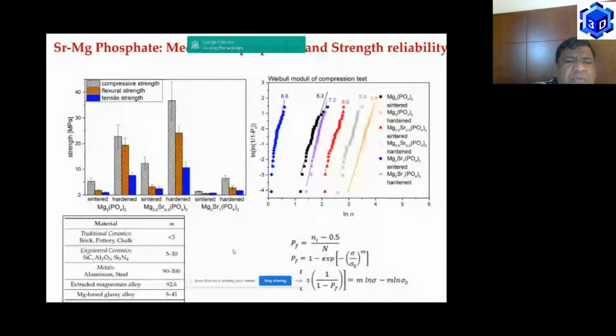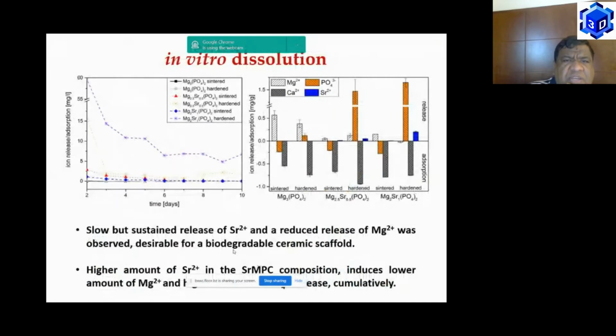In terms of Weibull modulus, as I have shown you before, here the Weibull modulus can go up to 8.89. For traditional and engineering ceramics, the Weibull modulus can be a maximum of about 10. So it behaves like a brittle material, but it is not too brittle. It has a respectable Weibull modulus value, which essentially represents the strength reliability of this material.